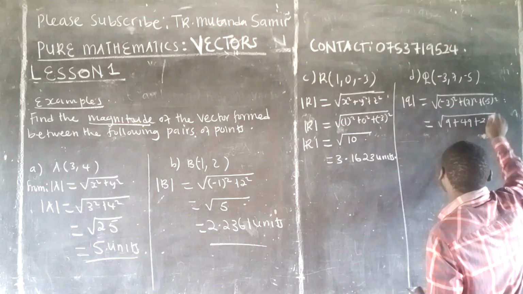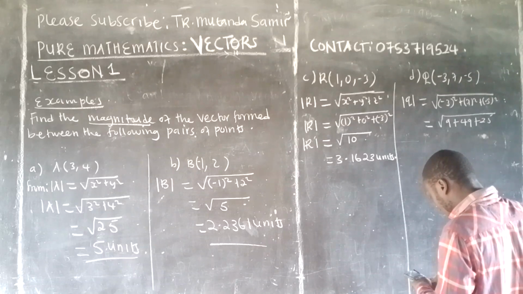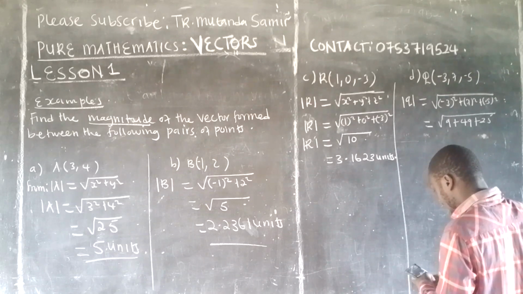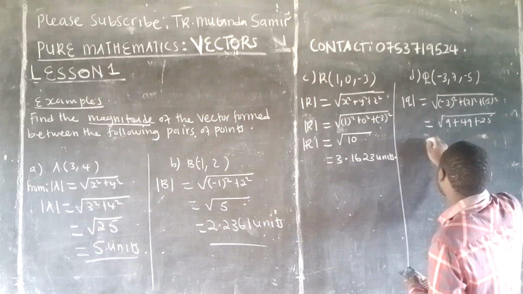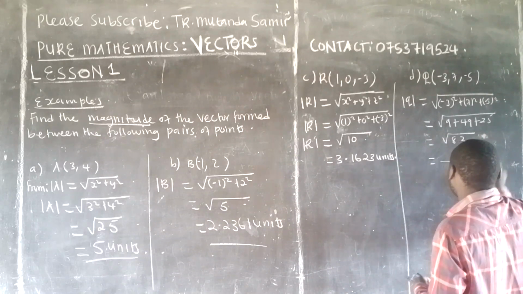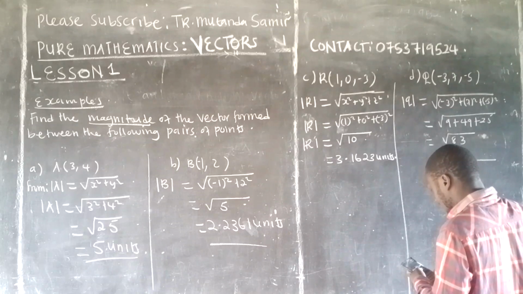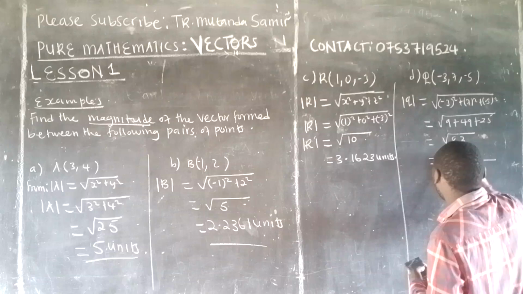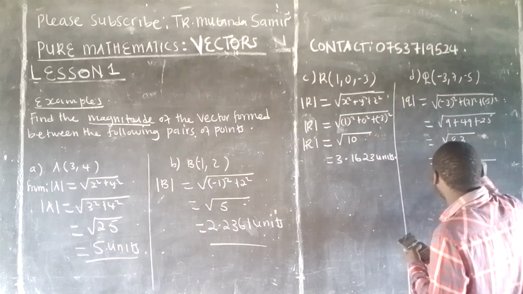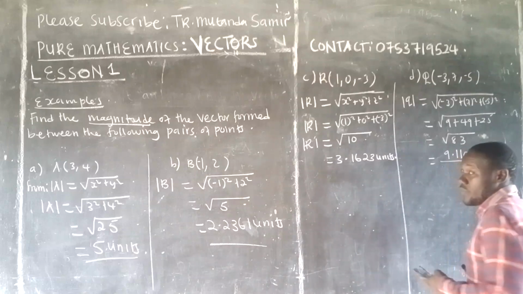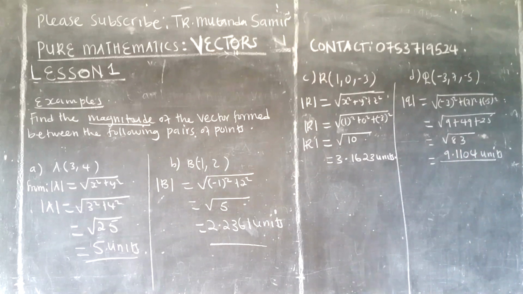Plus this will give us 25. Now when we add, 9 plus 49 plus 25, that will be 83. So now the square root of 83. Then which answer shall we have? That will give us 9.1104 units.